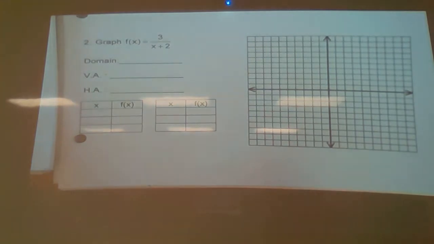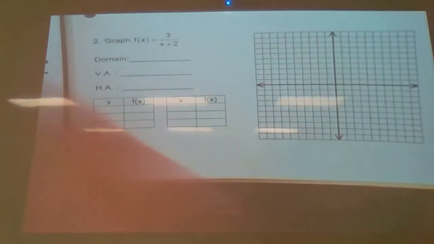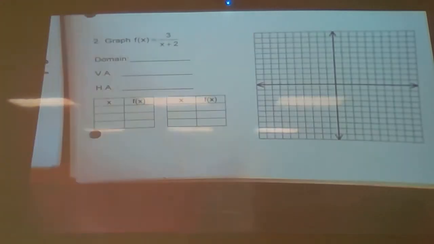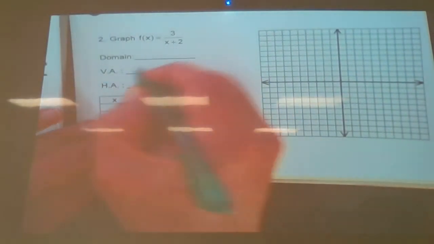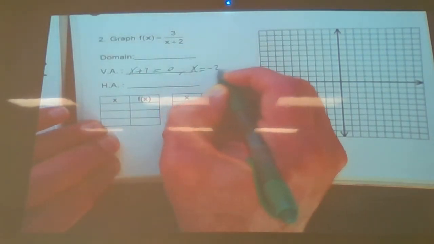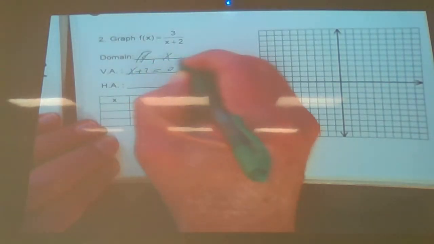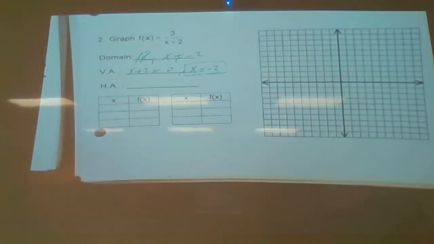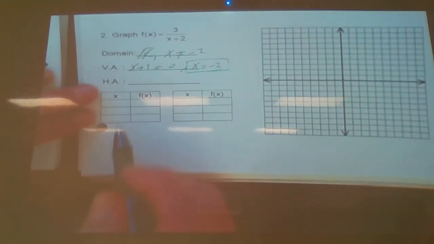We're going to do the same thing for example 2. We're going to start the same way. To find the VA, I'll take the denominator, set it to 0 and solve it. That will give me x equals -2. The domain is everything, but x cannot be -2. For the horizontal asymptote, we look at the degrees.